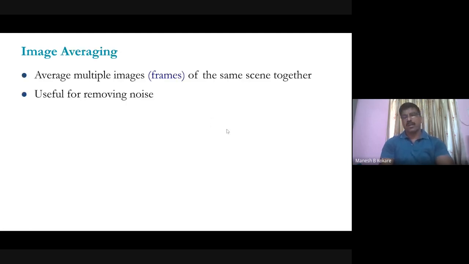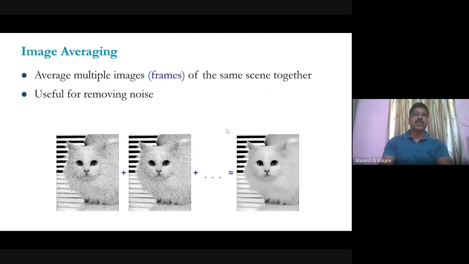Then another technique we are going to study in detail is image filtering or image averaging. If you take the average of the image several times, the pixel average in the spatial domain, you can remove the unwanted things, that is, the noise. Look at this one. This is your original image, and if you take the average of this image several times, then finally you get a very good image, which is noise removed.